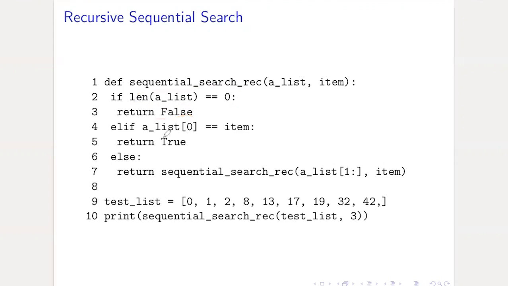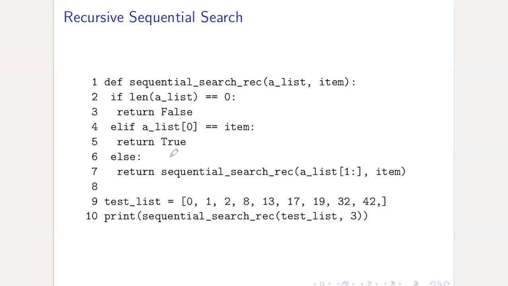Otherwise, you can check whether the item is found at the head of the list. So list index 0 means head of the list. If it is found, we return the result true, so that we have found the item we are searching for.